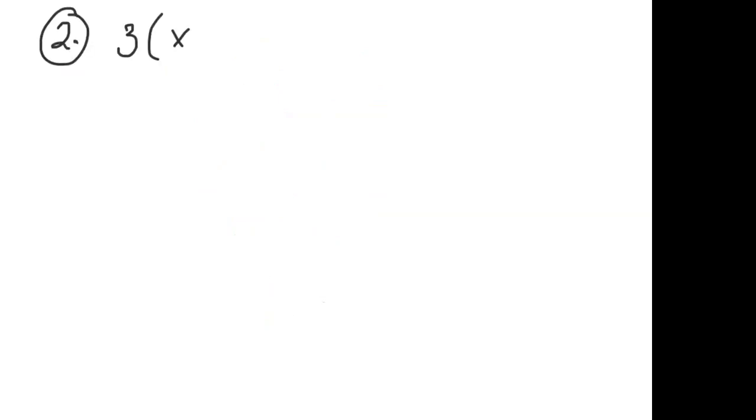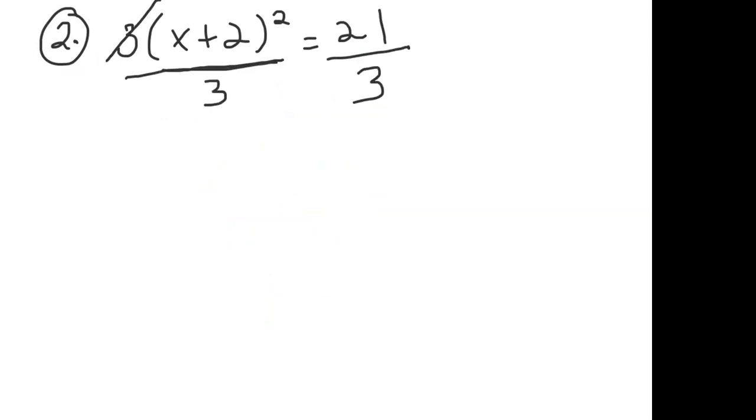3 times x plus 2 squared is equal to 21. That's example number 2. For this one, the square term is x plus 2 squared. We want to isolate this, so we're going to divide both sides by 3, guys. The 3 cancels out on the left side, leaving you with x plus 2 squared is equal to 7.